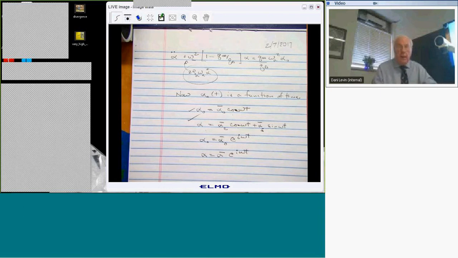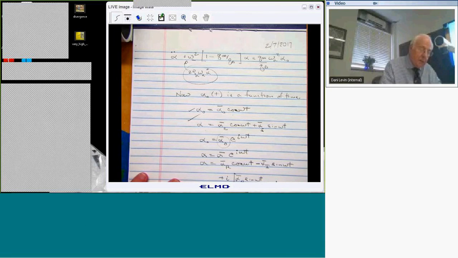Now, alpha naught is a real number, but alpha bar is a complex number with both a real and imaginary part. So I'm going to write this as alpha bar real cosine omega t minus alpha bar imaginary sine omega t plus i times what? Alpha bar real sine omega t. What else? Alpha bar imaginary cosine omega t.